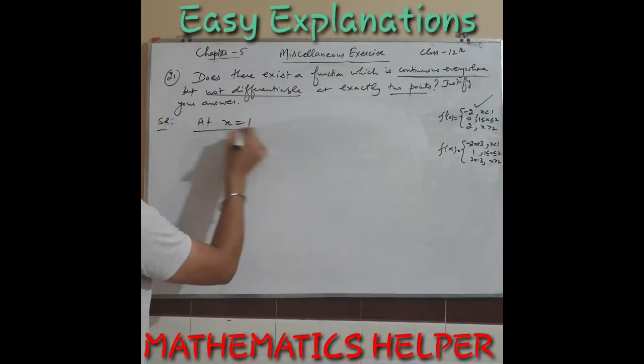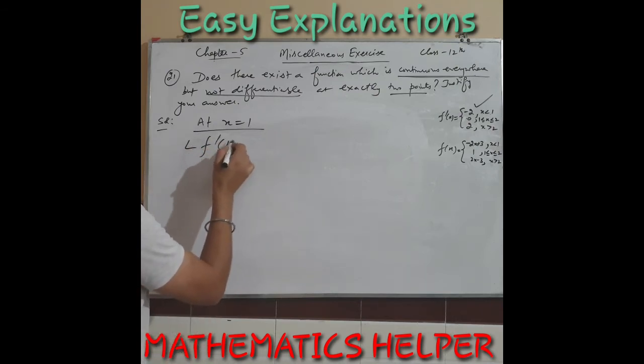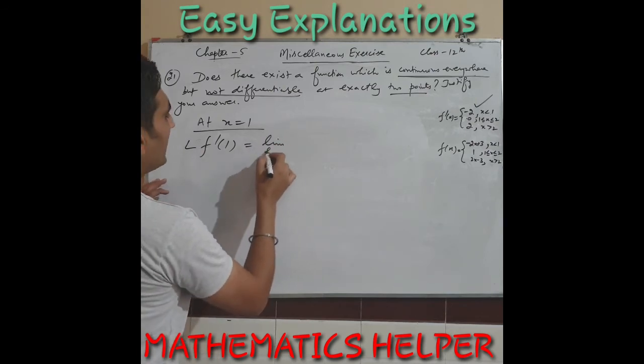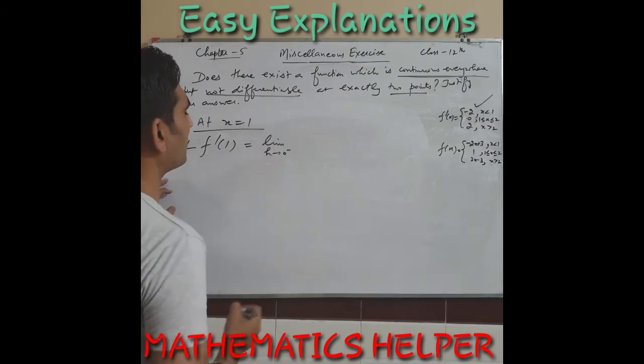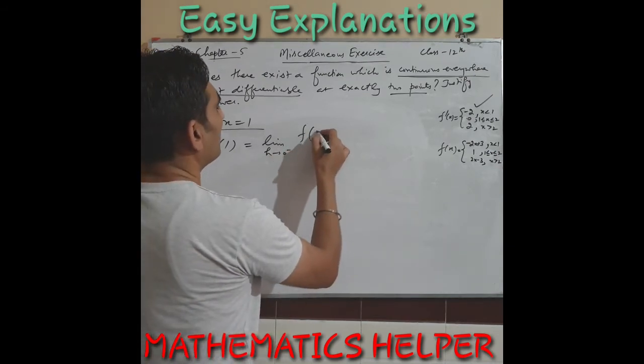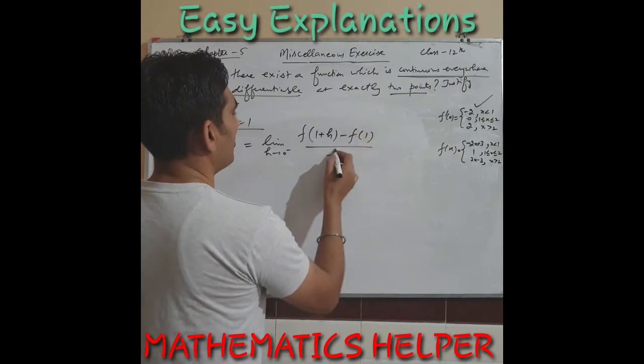So I am writing at x = 1, the left hand derivative. It will be the limit as h approaches 0 from the left side, meaning a minus sign on it, of [f(1 + h) - f(1)] / h.